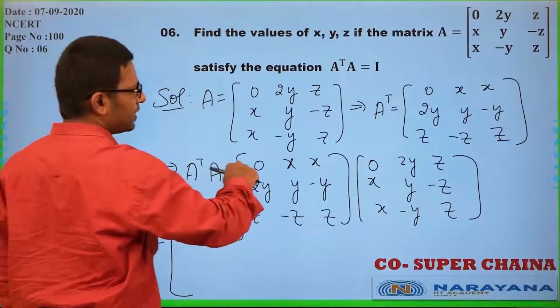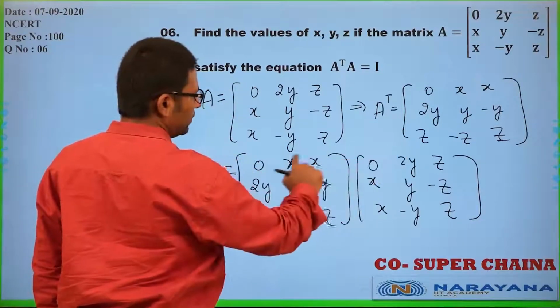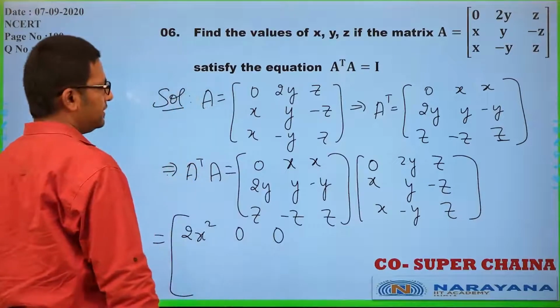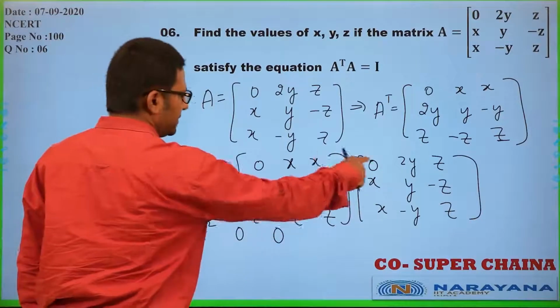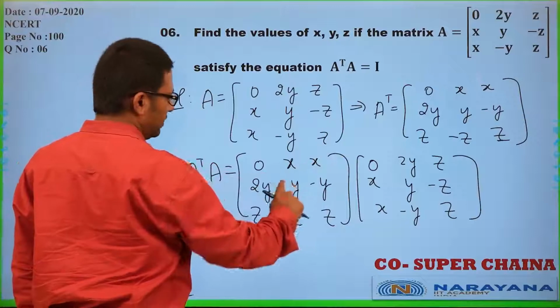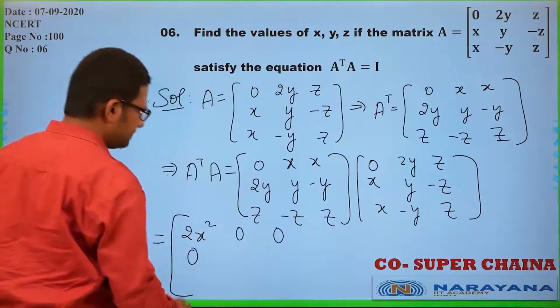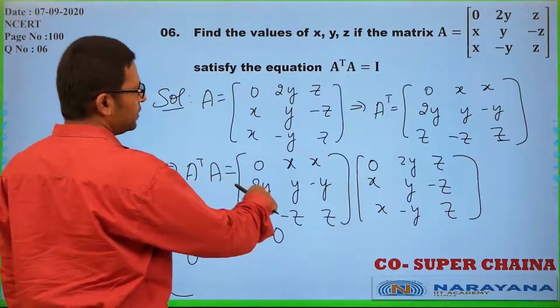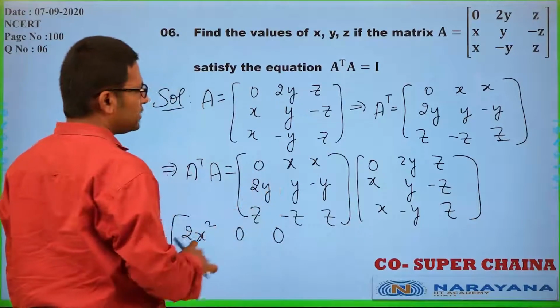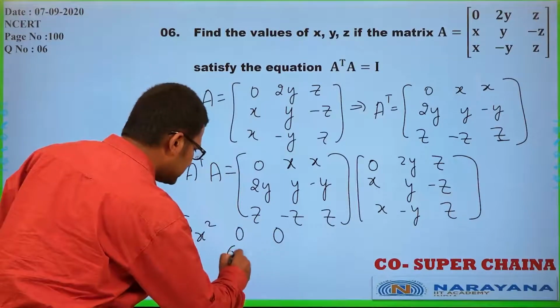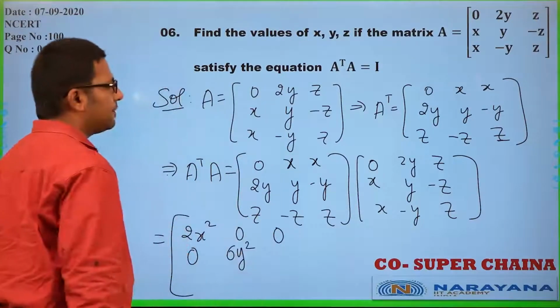Then 0 minus xz plus xz, again a 0, right? Then 2y, so 0, yx minus yx, 0. 2y into 2y, so 4y square plus y square plus y square, so 6y square.